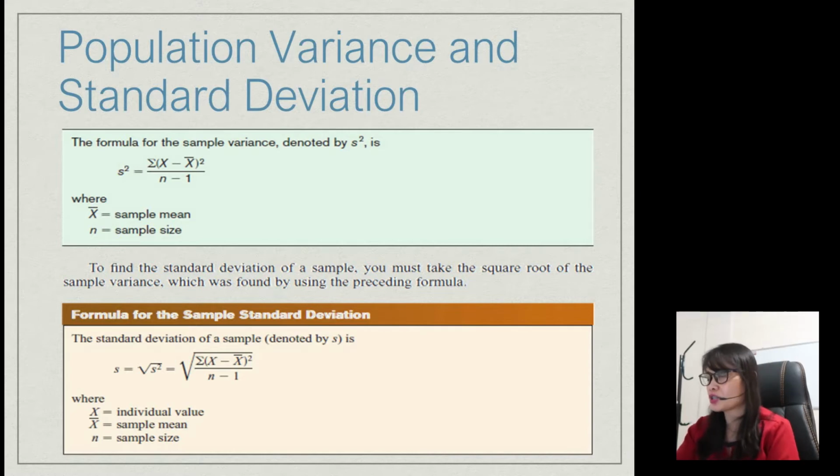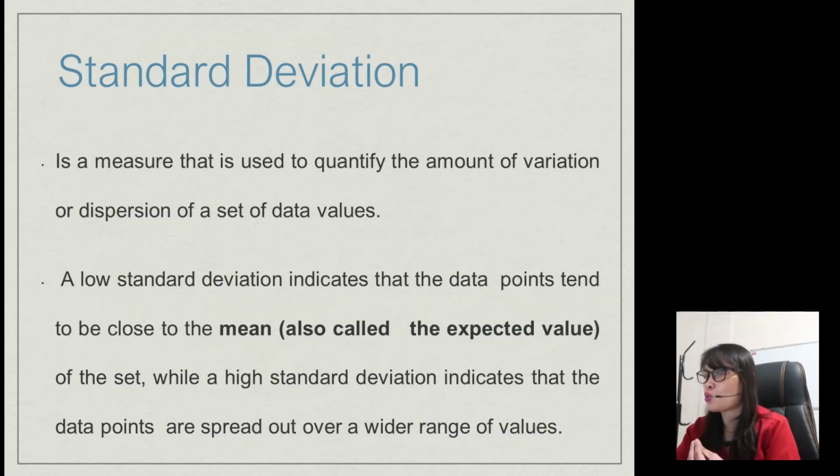So what is a standard deviation? It's a measure used to quantify the amount of variation or dispersion of a set of data values. Take note, a low standard deviation indicates that the data points tend to be close to the mean, also called the expected value. While a high standard deviation indicates that the data points are spread out over a wider range of values, meaning they are too far from each other or too far from the mean.